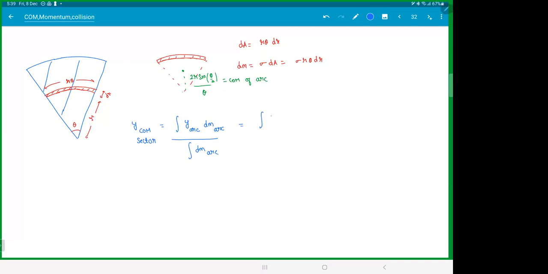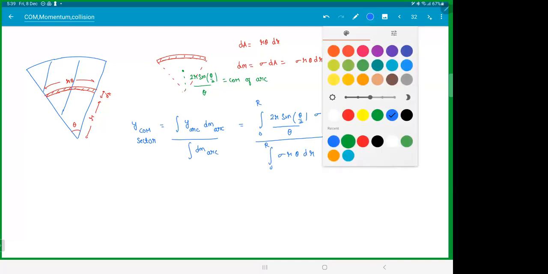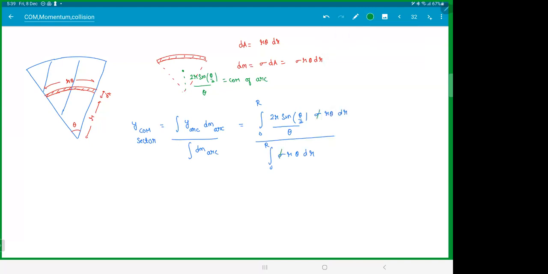So then y of this thing will be 2r sine theta by 2 by theta. Theta is constant anyway. Sigma r theta dr, this will go from 0 to capital R. Sigma r theta dr. Sigma cancels off. Theta cancels off. These are constants.